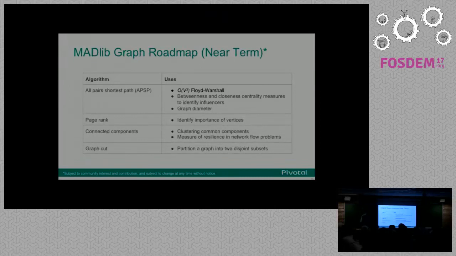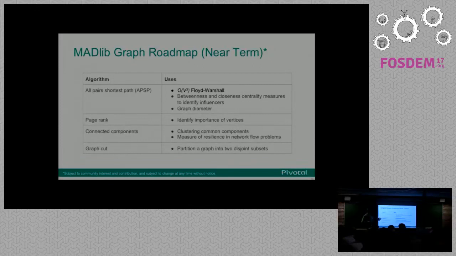Betweenness centrality is a way of finding influencers in a network, because that's where most of the shortest paths run through. There's also graph diameter, which is very interesting because it allows you to show the reach within a database, which is really important in the cybersecurity example I'm going to show you.